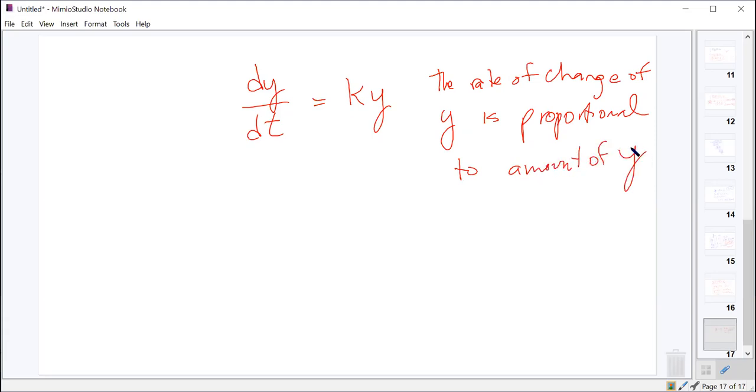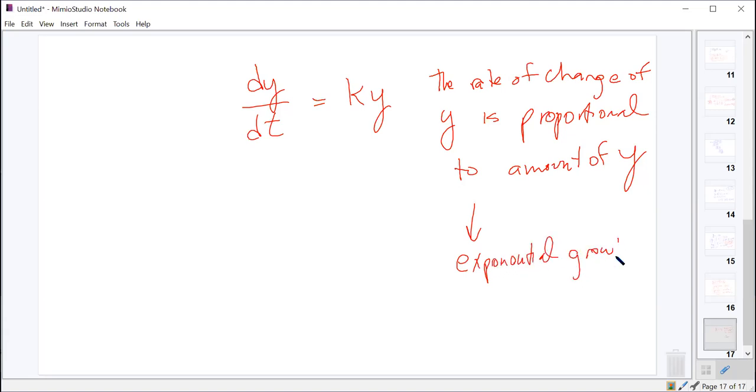So when I have more y, more of whatever y represents, this thing is either increasing or decreasing more rapidly. The less of it I have, the less quickly it's decreasing or increasing. Okay? And we should know how to solve this differential equation, but we should also just know that this comes out to be exponential growth or decay.